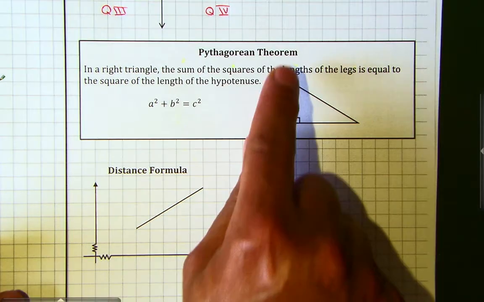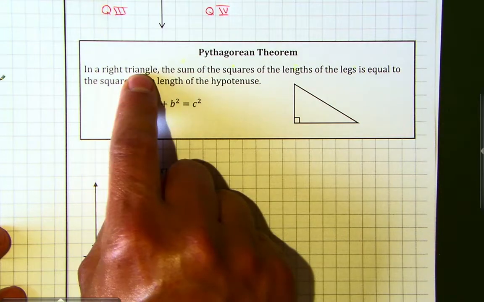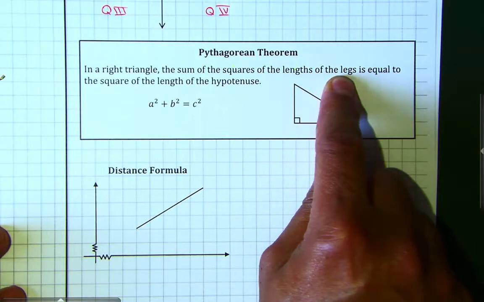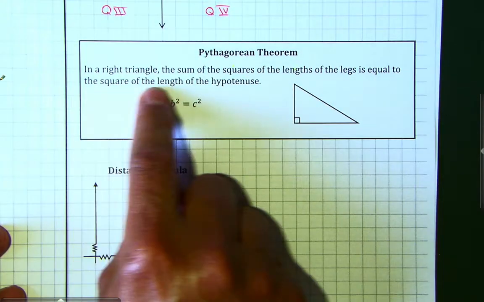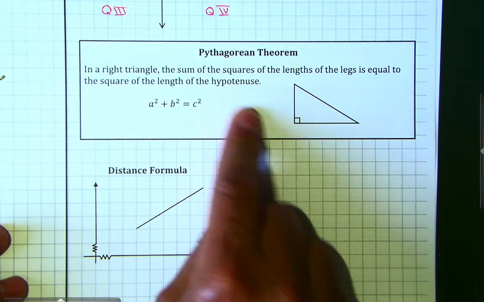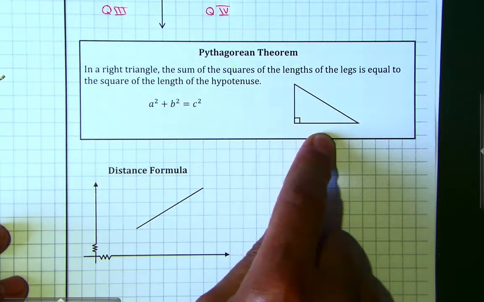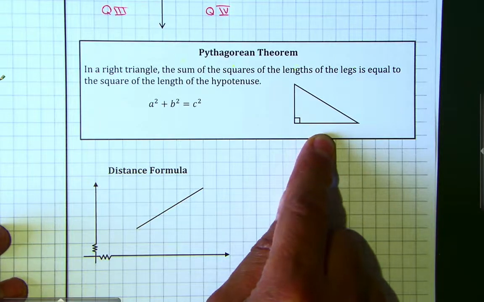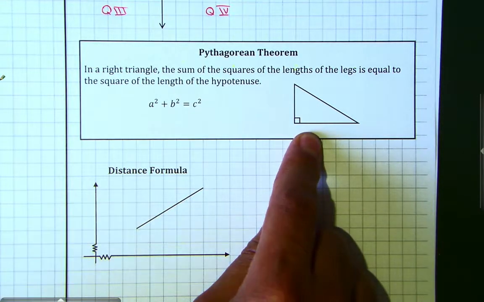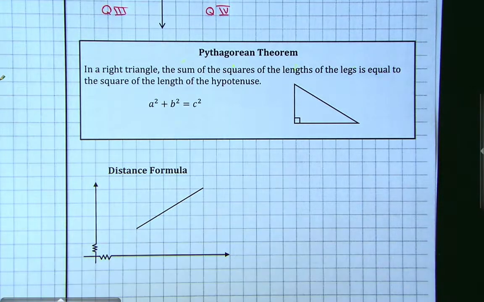So Pythagorean theorem. In a right triangle, the sum of the squares of the lengths of the legs is equal to the square of the length of the hypotenuse. And you guys proved your Pythagorean theorem back in 8th grade. You guys proved it in several ways. And they're talking about the legs.